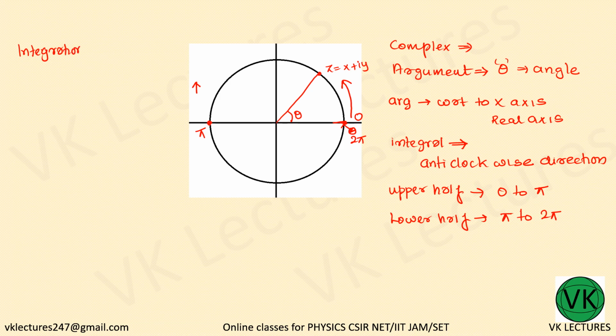Now sometimes in the question it will be defined that the integration should be in clockwise direction. Integration in clockwise means just the opposite. Upper half means pi to 0.